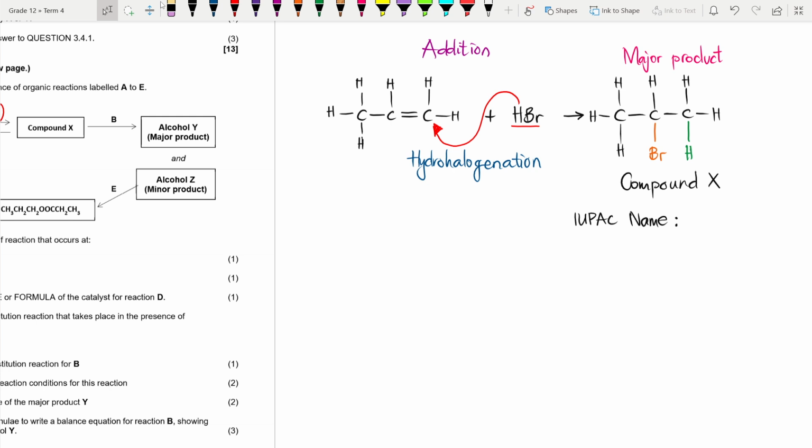Okay, so let's look at the main chain first. We have 3 carbons, and the first thing you want to do when you're naming is name the carbons from 1 all the way to the last one. And how you decide which one is your first is you look at where there's a disturbance. In other words, you look at the nearer side where there's a double bond or a substituent, which is just something that is attached to any carbon.